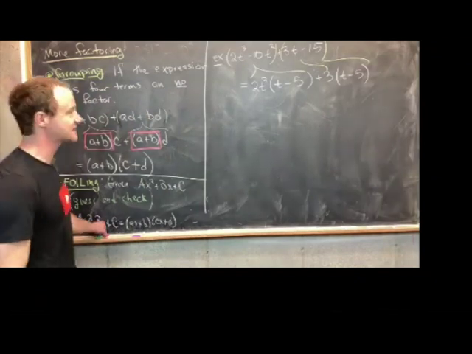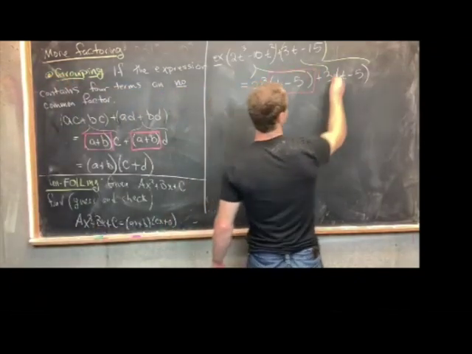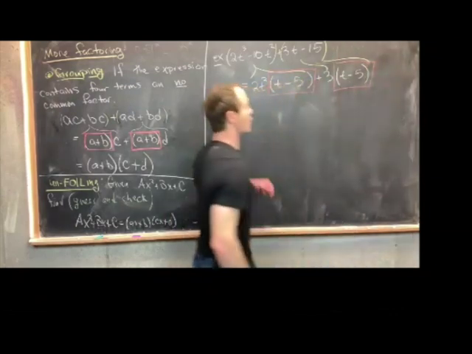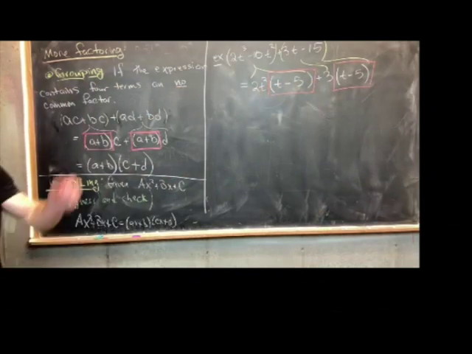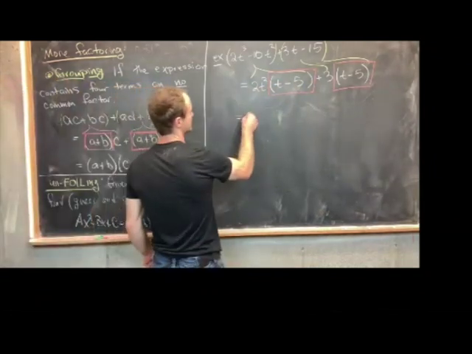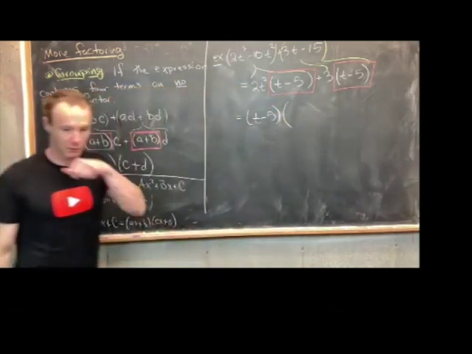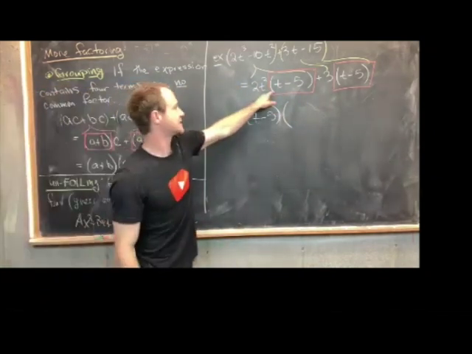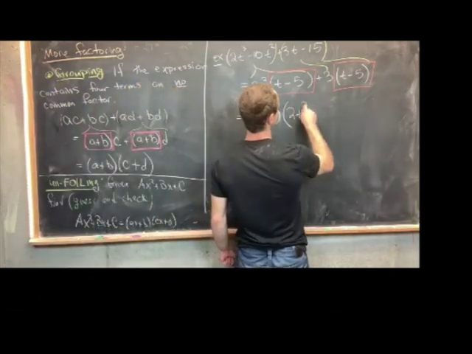Okay, now the next thing is we want to think about this t minus 5 as being one term all on its own, and we can factor that out of the whole thing. So we factor a t minus 5 out, and let's see what we're left with. If we divide a t minus 5 out of the first term, all we're left with is 2t squared.